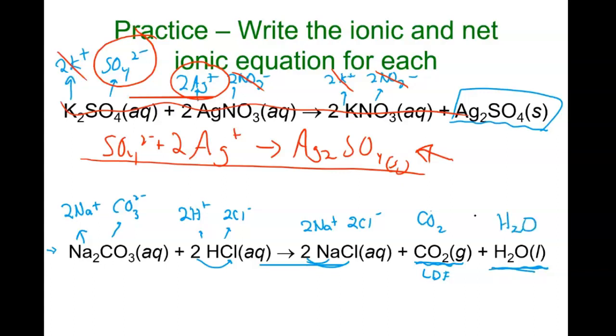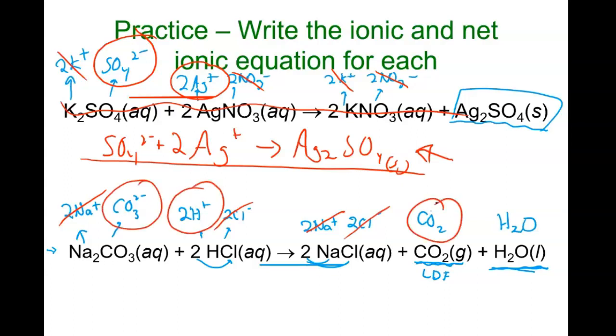So the question is, what made these two things? What is the same on each side? When you do this, what's the same on each side? Na, Na, Cl, Cl. So in this case, this is what happened.